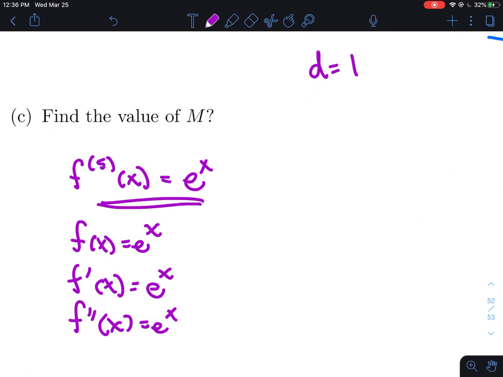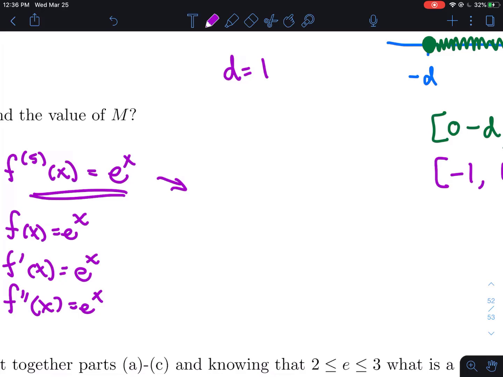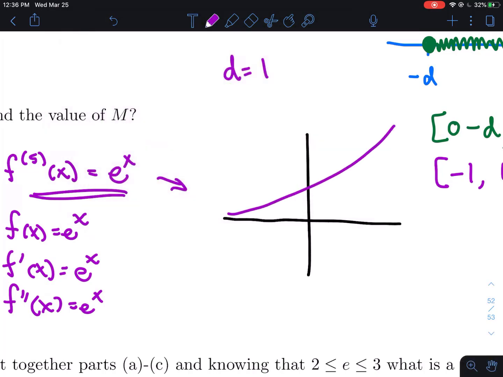But what I typically do here is graph this. Hopefully it's relatively simple, but I'd like to do a quick sketch of the fifth derivative. So in this case, e to the x, and it looks something like this. And we want to make sure that we have the maximum value. M needs to be the maximum value for this function on our interval.